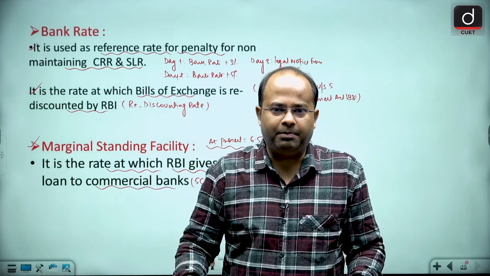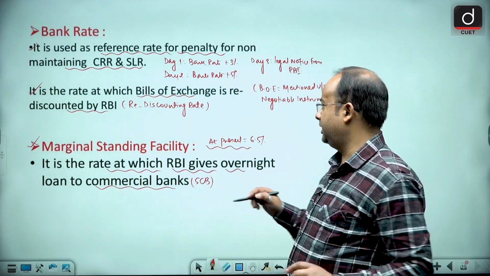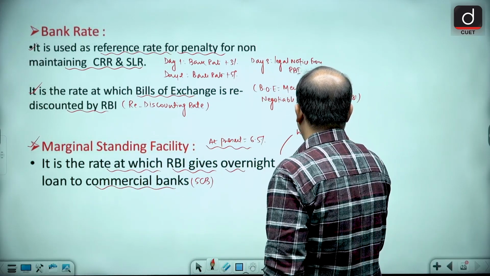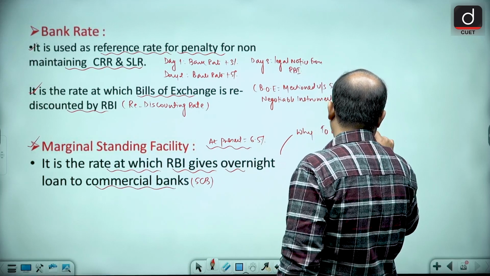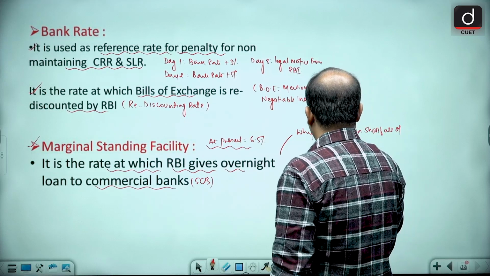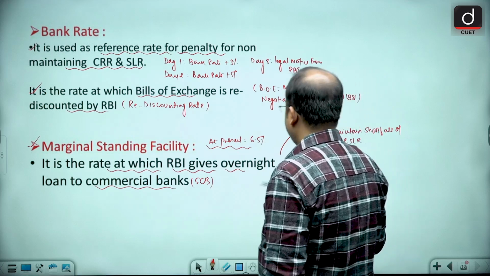So if there is a shortfall of CRR and SLR, why is it taken? To maintain the shortfall of CRR and SLR. So it is the primary objective.